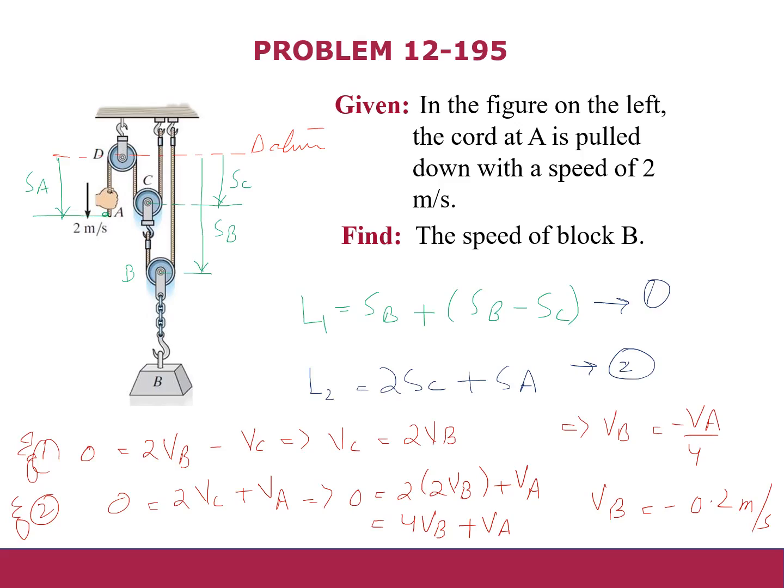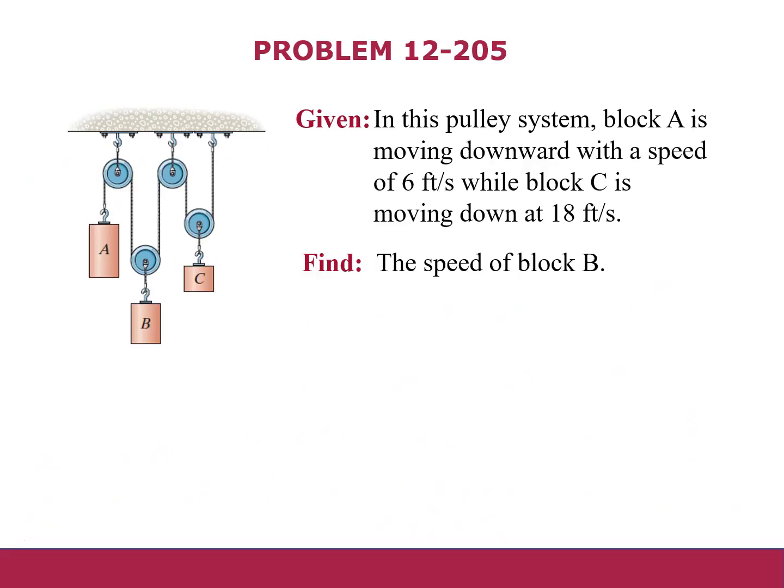So let's move ahead and solve another problem. This is problem 12-205 of your RC Hibbeler, in which you can see that these three bodies are connected with each other and their motion depends on each other.